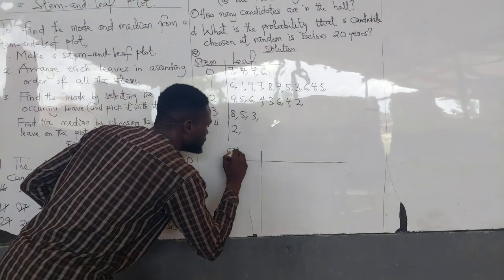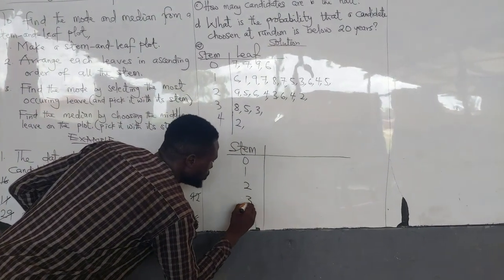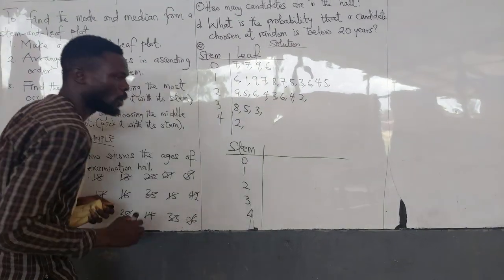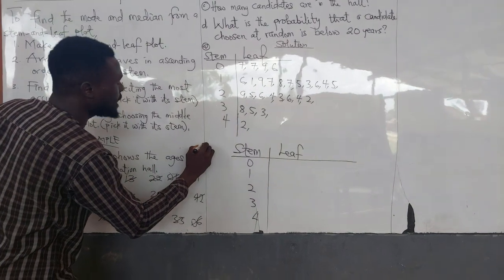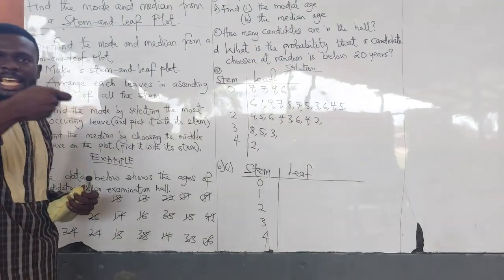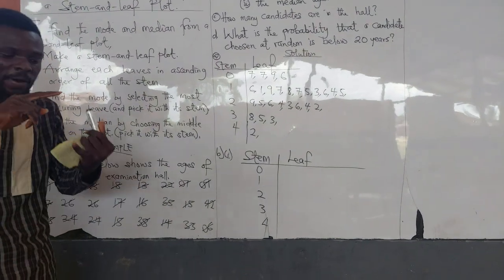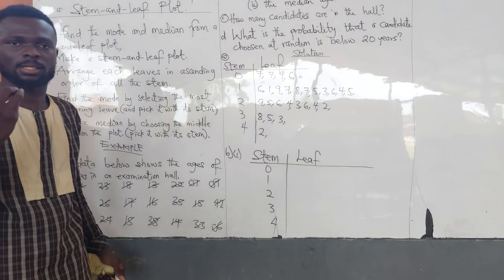So redrawing this again, we have our stem being 0, 1, 2, 3, and 4. Then we have here as our leaf. So we are finding B1. They said we should find the mode and the median. Before you find the mode, you have to arrange each leaf in ascending order.